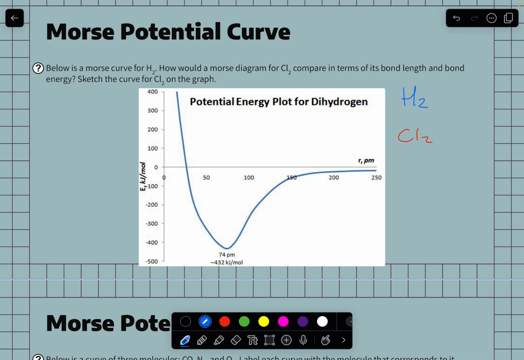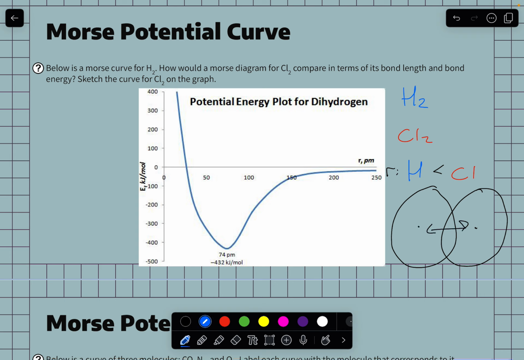Let's compare the two of these. If we're just looking at the atoms, for hydrogen and Cl, the radius, the size of them, chlorine's a bigger atom, right? So if chlorine's a bigger atom and needs more space before that overlap, the distance between the nuclei is going to be bigger.